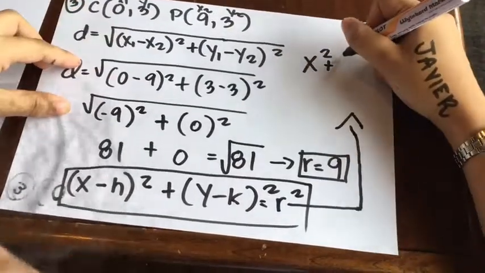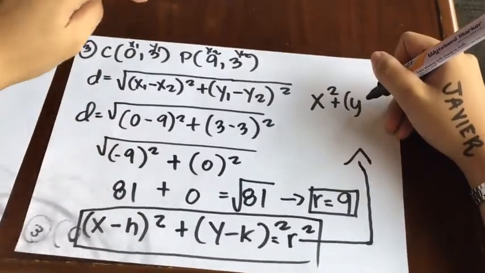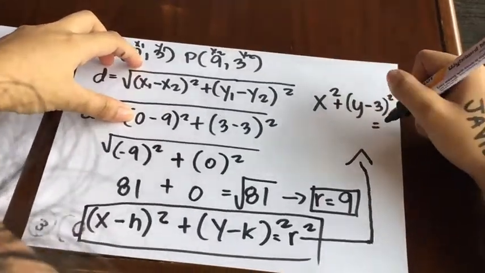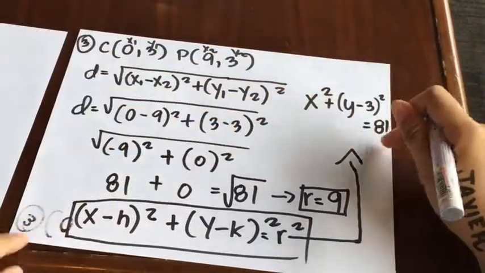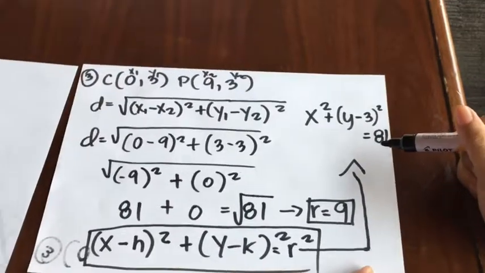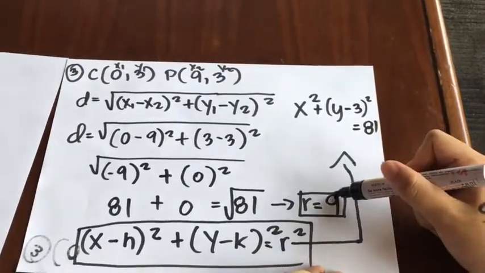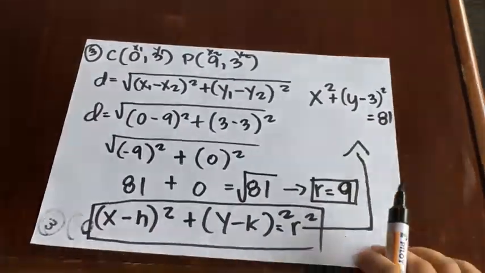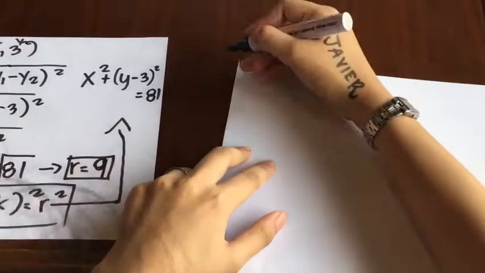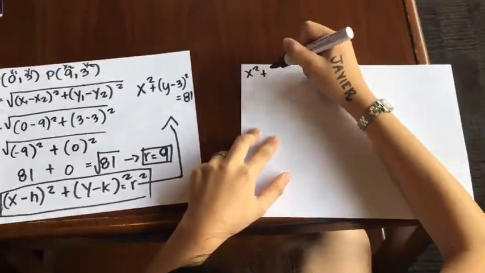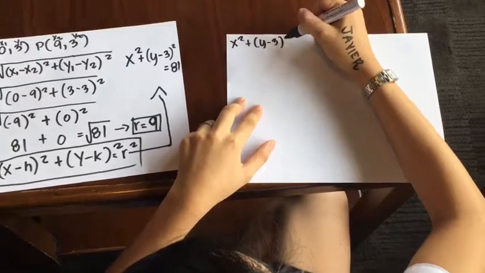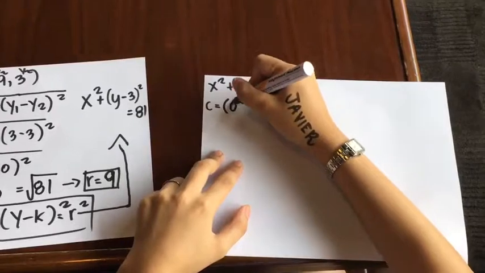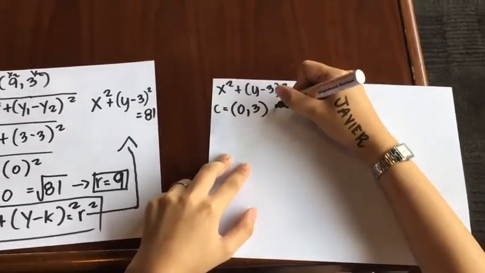Plus y, dahil 3 siya, so magiging y minus 3 squared is equal to 81. Kaya siya naging 81, kasi yung radius ko is 9. So, 9 squared is equal to 81. So, ika-graph na natin siya. x squared plus y minus 3 squared is equal to 81. Since yung center ko is 0, 3, tapos yung radius ko is 9.